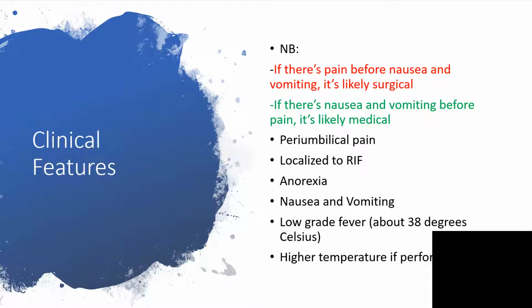When we pick up fever here, it's not going to be high grade, it's going to be low grade. And the temperature will mostly be around 38 degrees Celsius. However, if a higher temperature is picked, it's likely perforation has occurred.